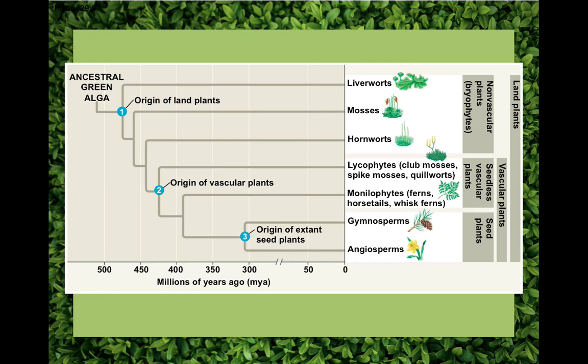So here is a hypothesized phylogeny, or evolutionary history, of the kingdom of plants. So you can see they're all derived from an ancestral green alga and the Cheirophyta, as I said. In order to conquer land, they had to have adaptations for living in a relatively dry habitat, not being constantly surrounded by water.